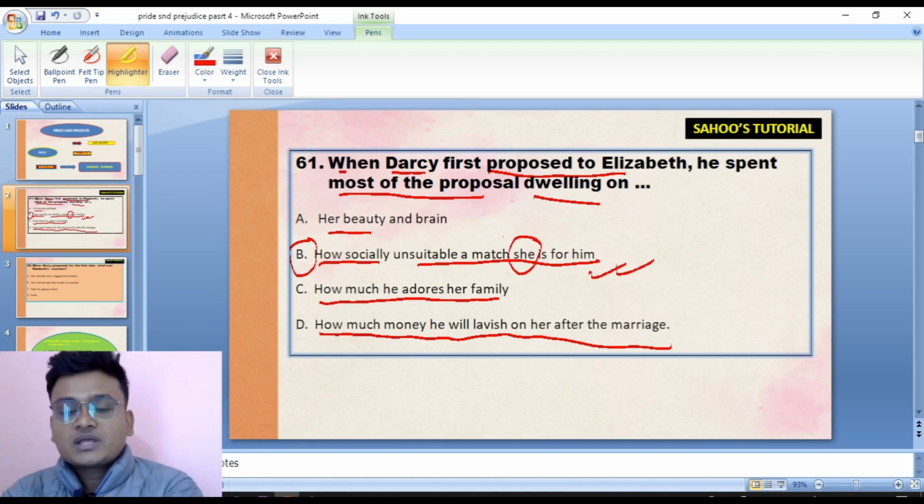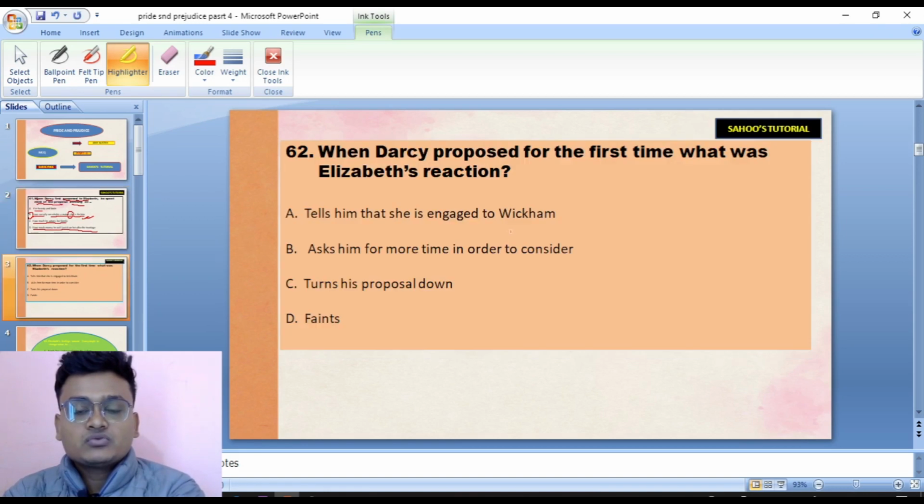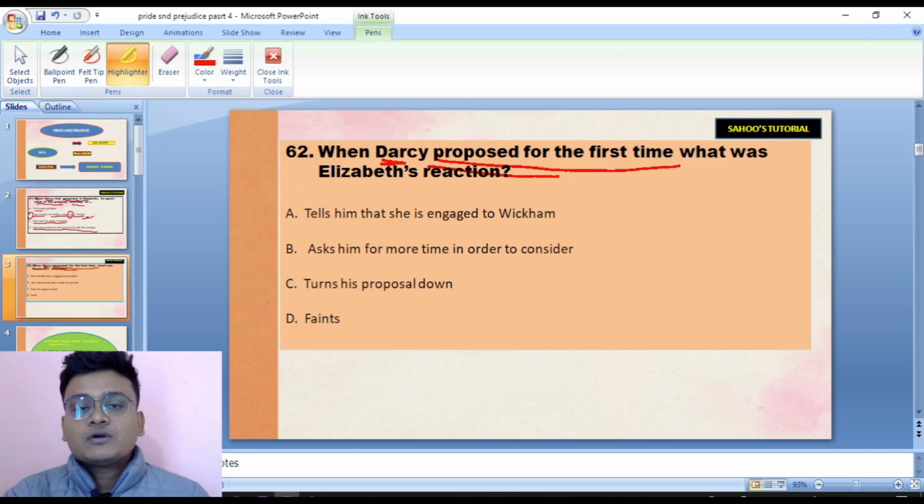Okay, now move to the next question. Question number 62. When Darcy proposed for the first time, what was Elizabeth's reaction? In the novel, what was the reaction of Elizabeth?